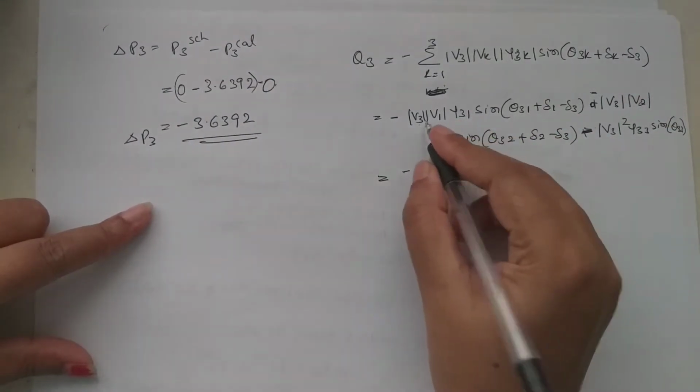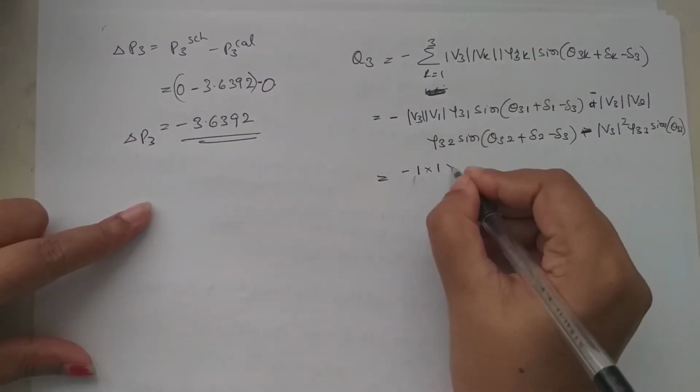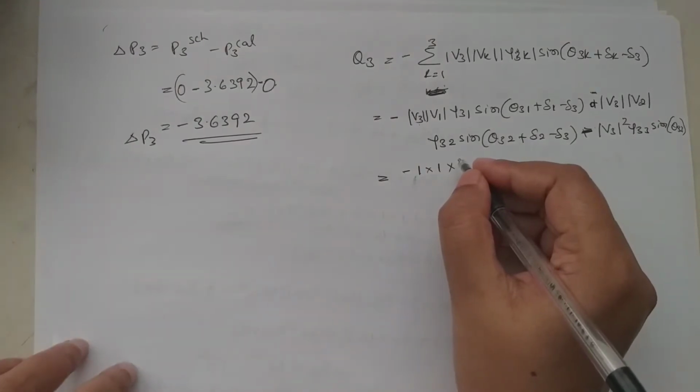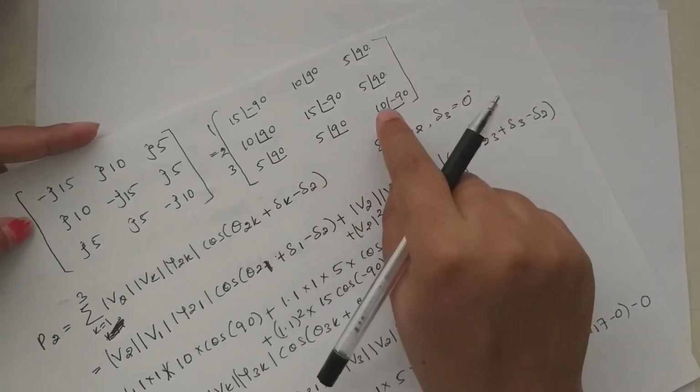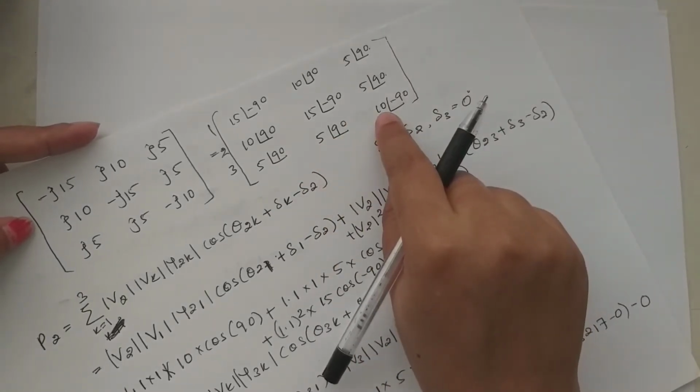V3 value is 1, V1 value is 1, Y31 we have just calculated: Y31 is 5, Y32 is 5 and Y33 is 10.